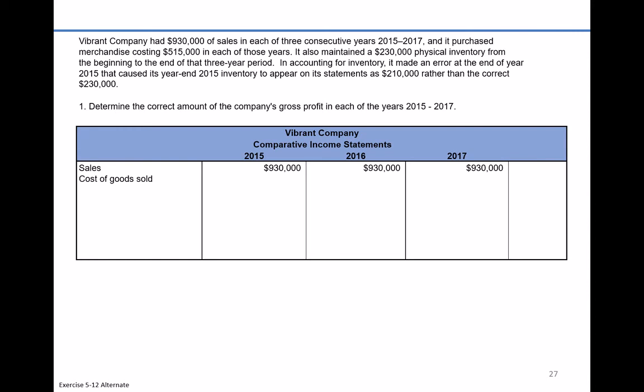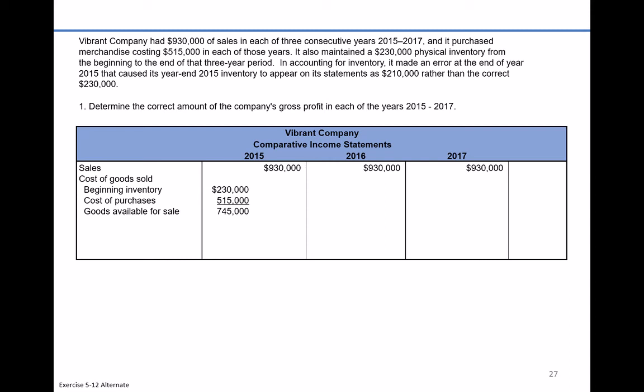Cost of goods sold, we'll calculate. We're going to calculate that by taking the beginning inventory of $230. We'll add our cost of purchases, which it says it purchased merchandise of $515. So we started off with $230 and we bought $515. That gave us goods available for sale of $745.